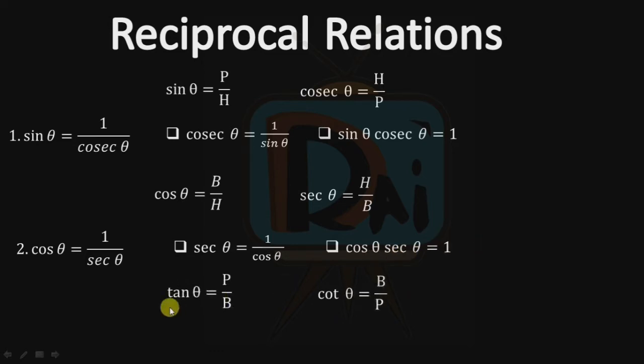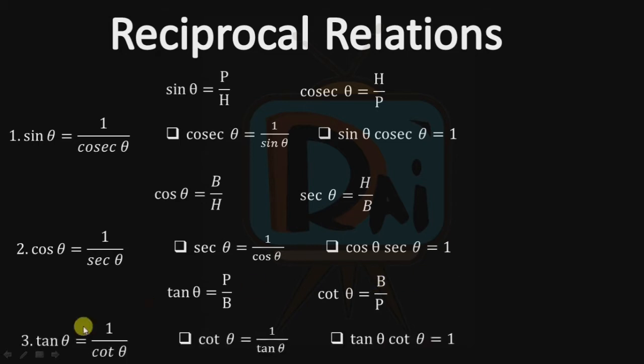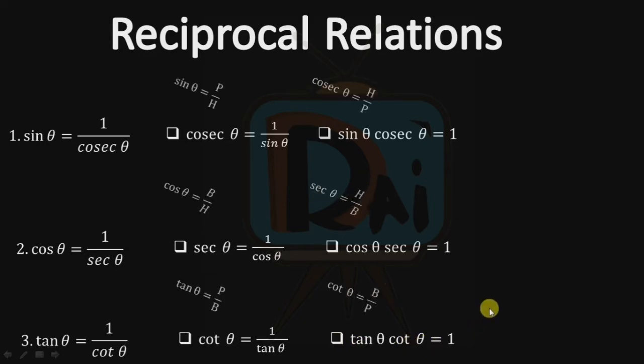Now tan theta is equal to perpendicular by base, and cot theta is equal to base by perpendicular. So tan theta is equal to 1 by cot theta, or cot theta is equal to 1 by tan theta, or tan theta cot theta is equal to 1. So these are the reciprocal relations between sine, cosec, cos, sec, tan and cot.